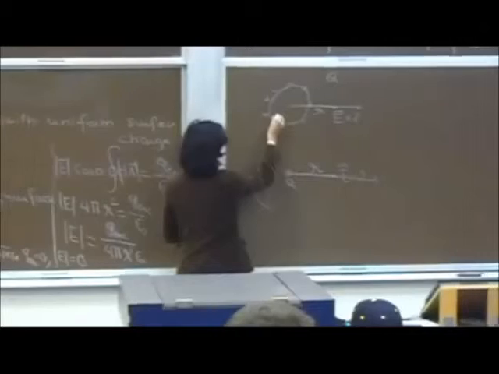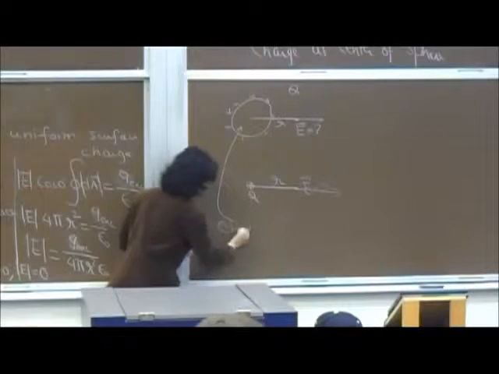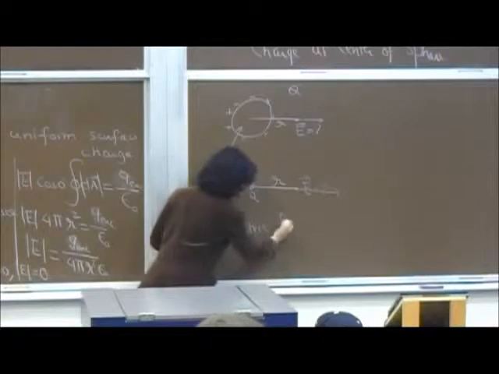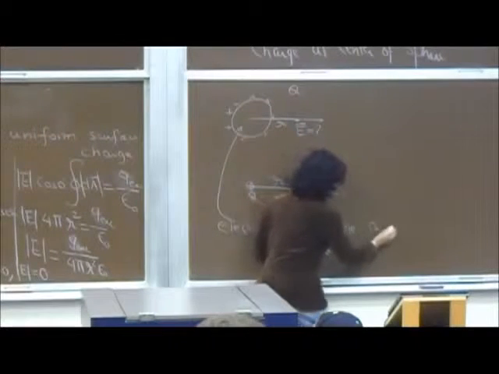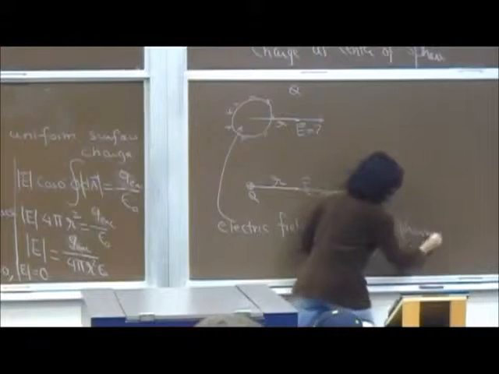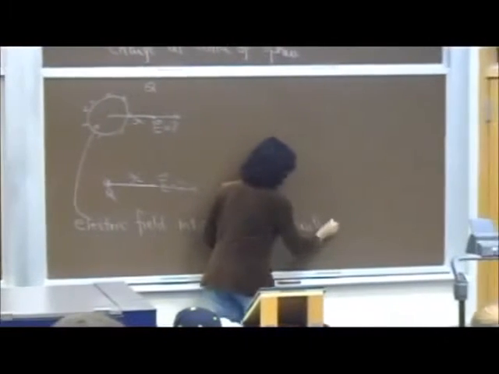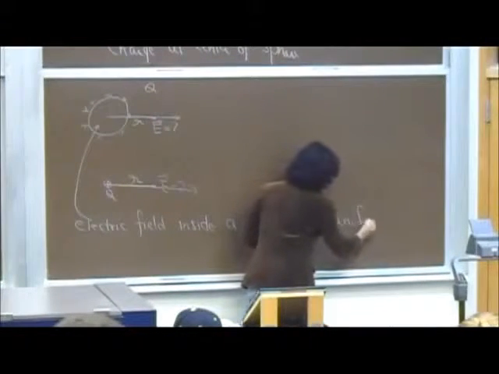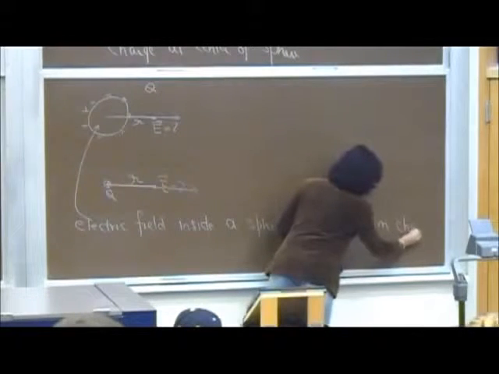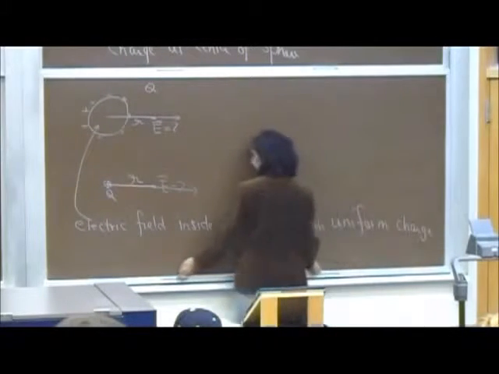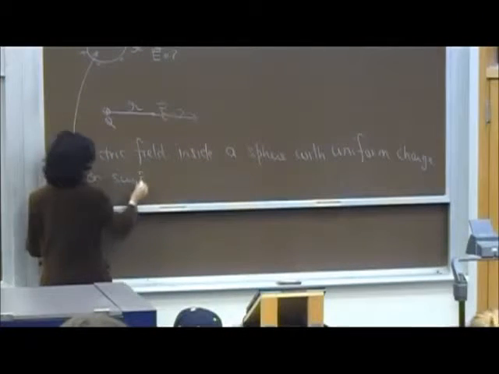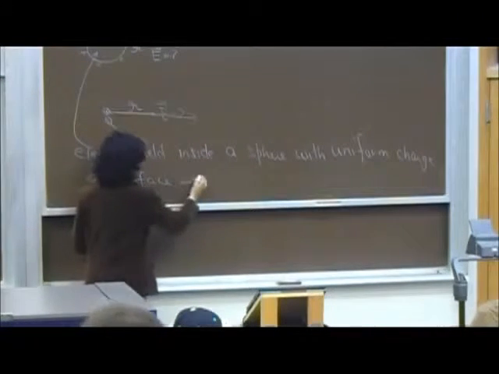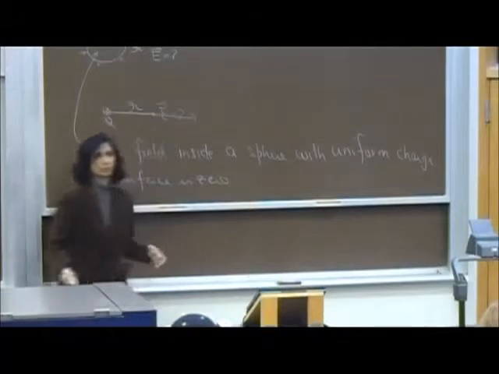Okay? So what we are saying is the electric field inside a sphere with uniform charge on the surface is 0.